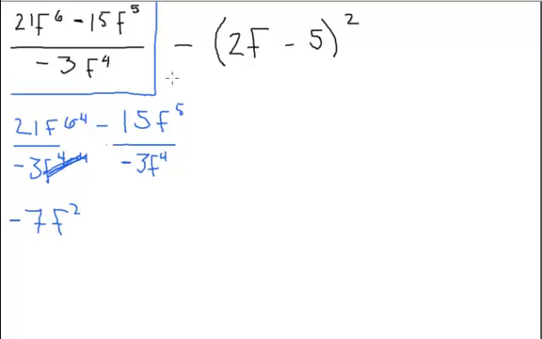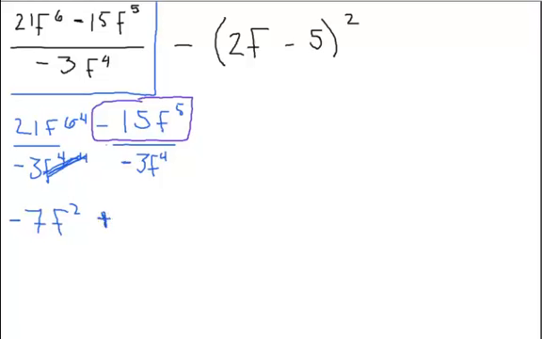Okay? Now here's the tricky part. Notice that there's a minus sign here. This minus sign is tied into this numerator, so this is negative 15 divided by negative 3. A negative and a negative becomes a positive. If you didn't catch that, you're going to leave it as a negative.